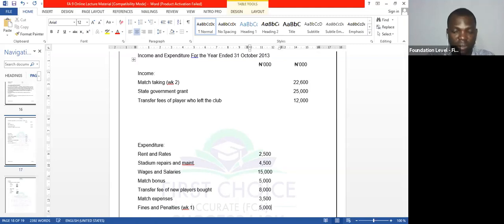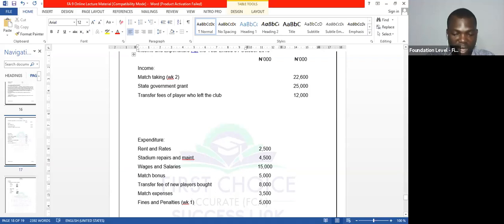After that, what else we have? We have cash and bank at the beginning of the period. It's not an expense. Cash and bank at the beginning of the period is an asset, so that figure will not be used. Another one that we have here is sales proceeds of the memorabilia.